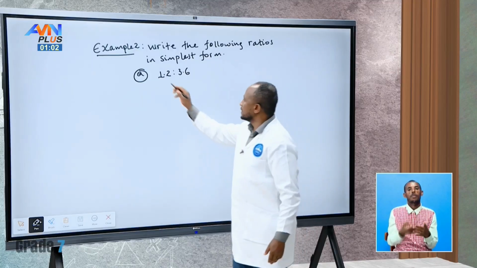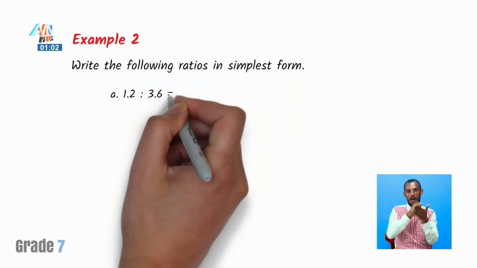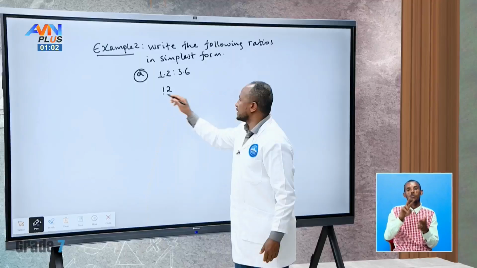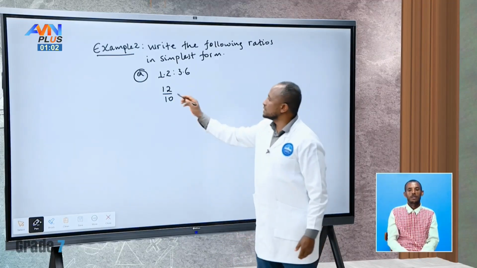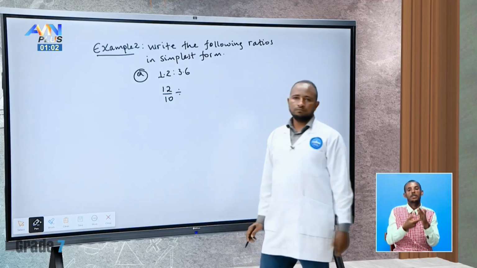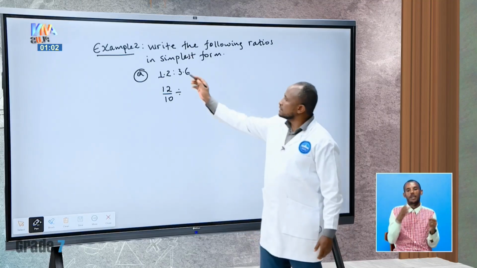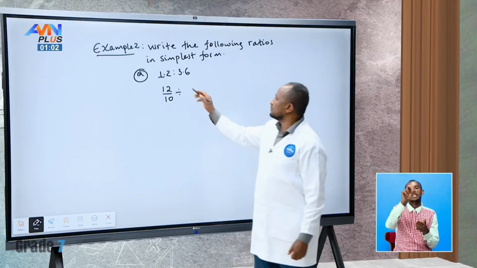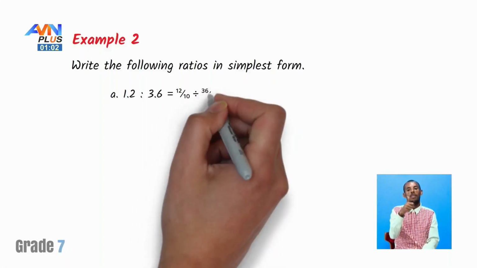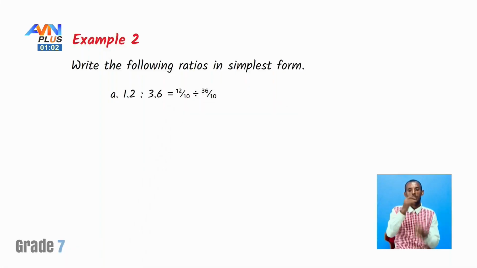Therefore here I can write 1.2 in this form, it is 12 over 10. Ratio means this is division. And then 3.6 is written as 36 over 10 in fraction form.